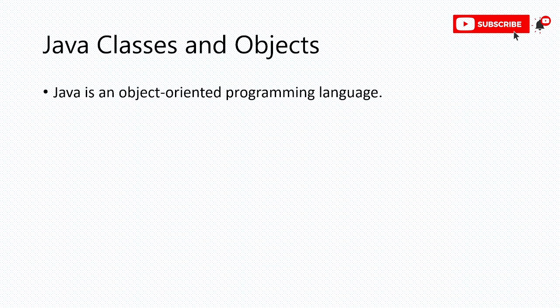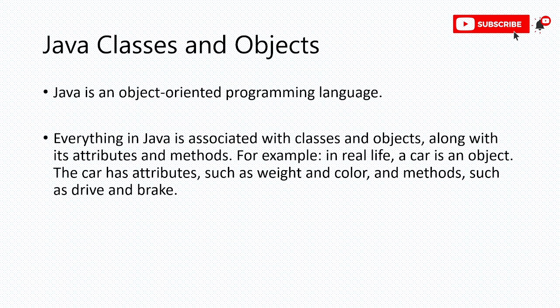Java is an object-oriented programming language. Everything in Java is associated with classes and objects, along with their attributes and methods. So every class has its own attributes and methods. For example, in real life, we have a car. The car is an object.